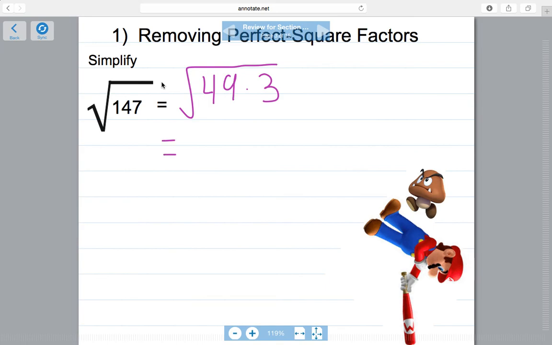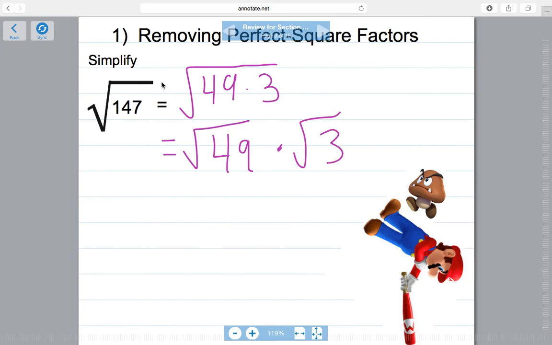Now, our multiplication property of square roots that we learned about in this section says that whenever you have one radical, you can break up the values inside the radical as separate radicals. So for example, we have the square root of 49 times 3. So I can rewrite that as the square root of 49 times the square root of 3.